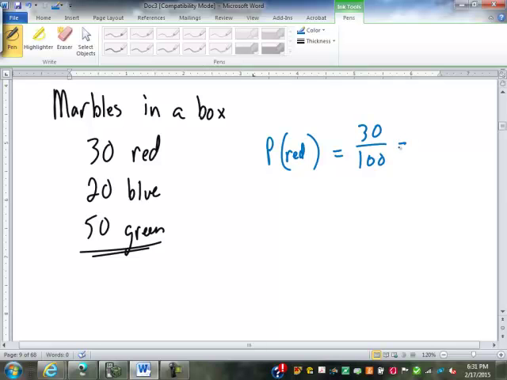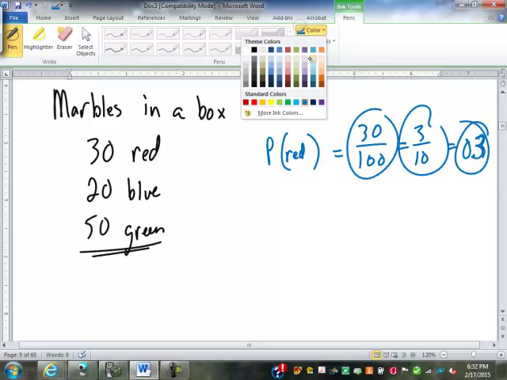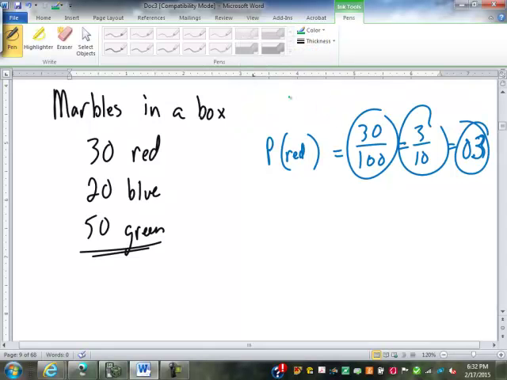So 30 out of 100, or 3/10, or 0.3, however you want to write it. I would actually accept the 30 out of 100 too if you didn't want to reduce it. What's the probability of reaching in there and pulling out a blue marble? 20 out of 100, or 2/10, or 1/5, or 0.2.